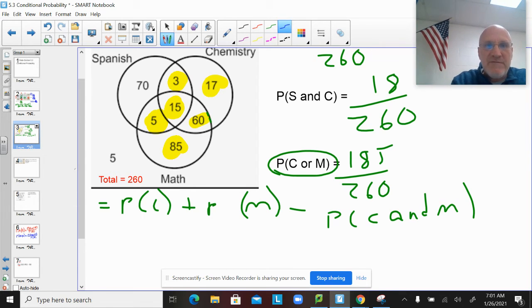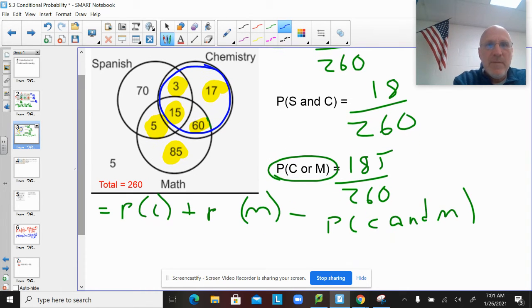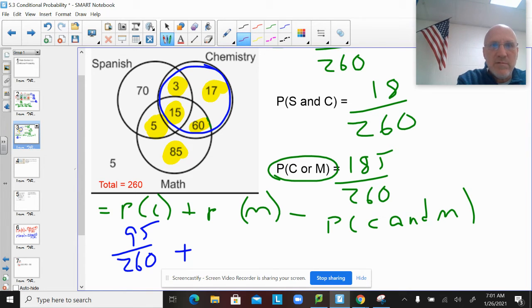So the probability of C is all those, which we said was what, 20, 80, 95. I think that's 95 maybe. Did I not do that? Oh, no, I did that. Okay. That is 60, 80, and 95. That's 95 over 260. Plus the probability of M, that's all of these I circled in purple there.